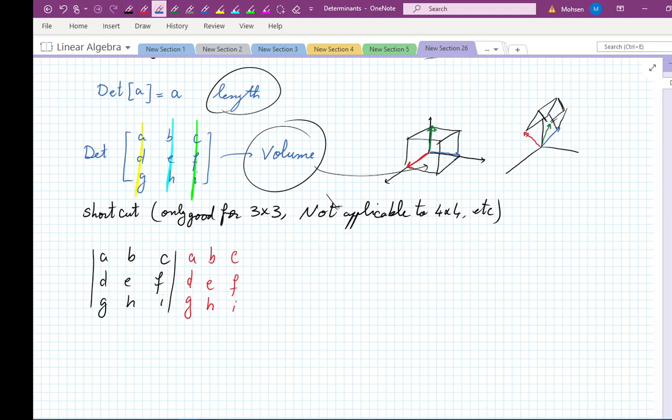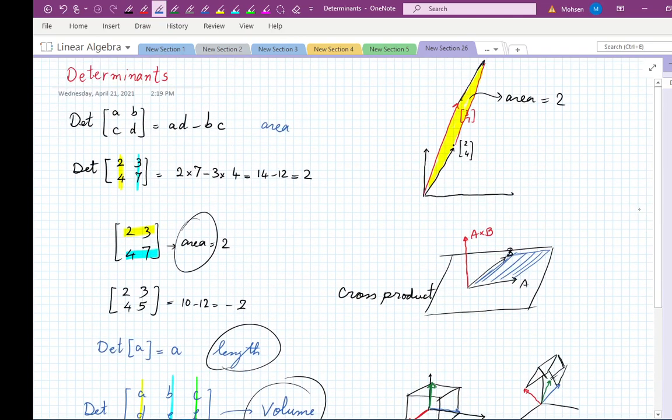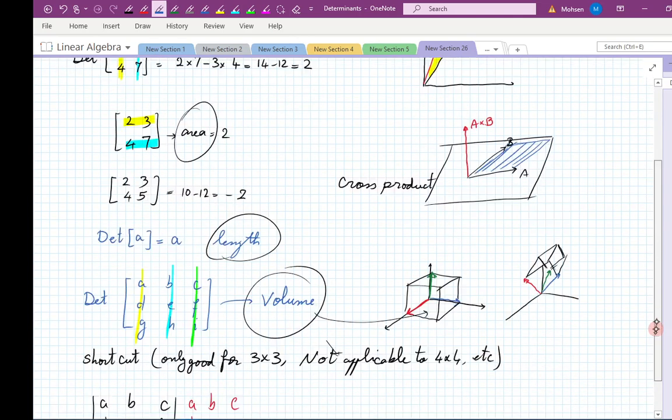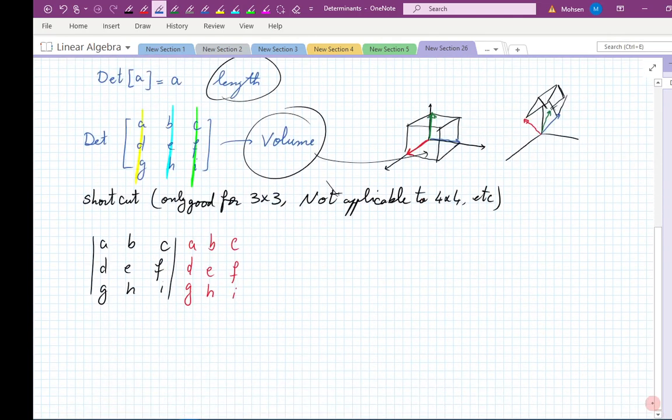Then, kind of in the spirit that you had here, this minus that, we do something like that here, except that we have 3 diagonals going this way, 1, 2, then 3, and then 3 diagonals going the other way, so 1, 2, and 3.